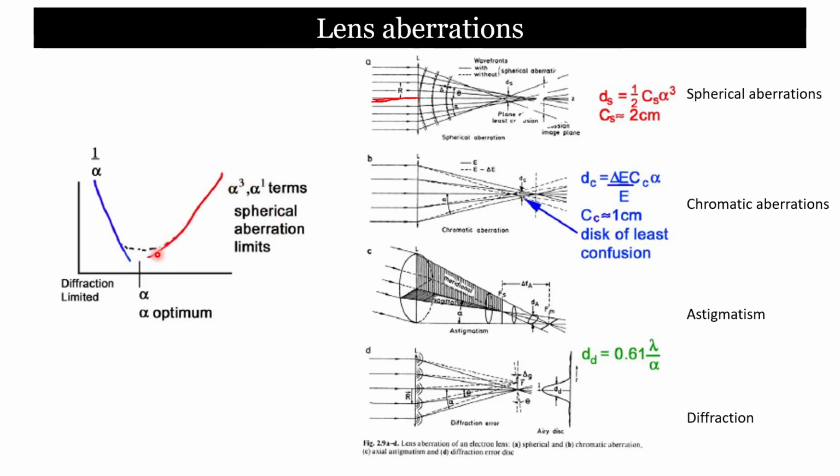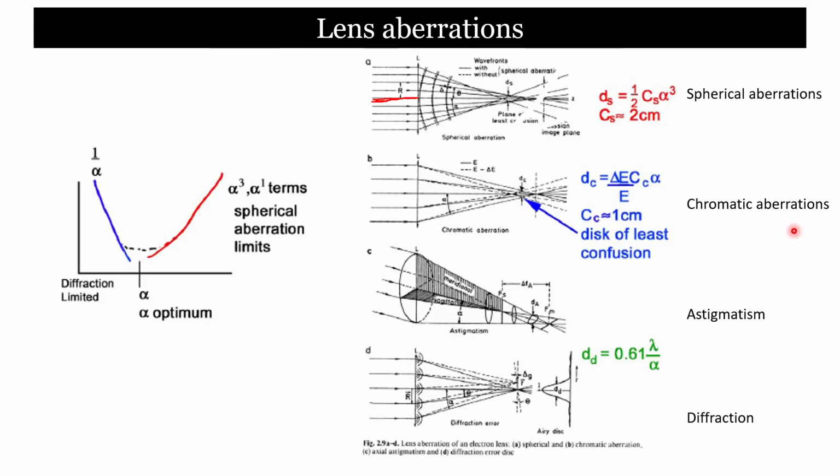By combining these two, we find the optimum alpha range, so that we have the minimum lens aberration and a good quality image. The diffraction you can never remove from your system. The aberrations you can correct as much as the capability of your instrument allows.